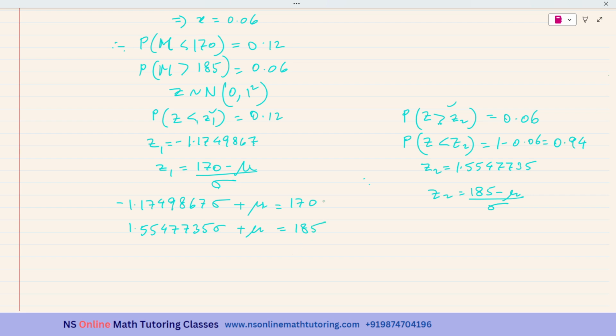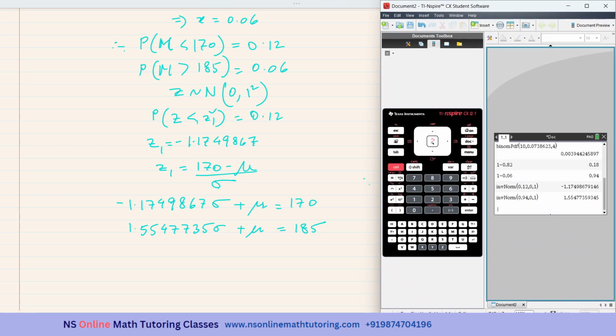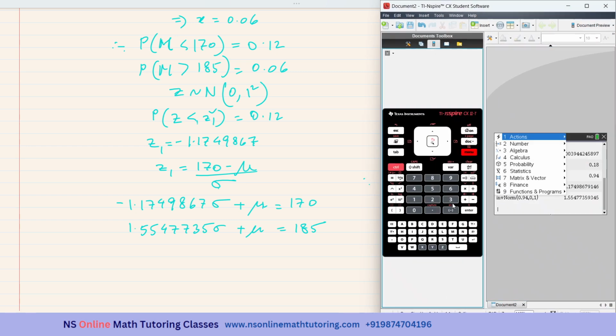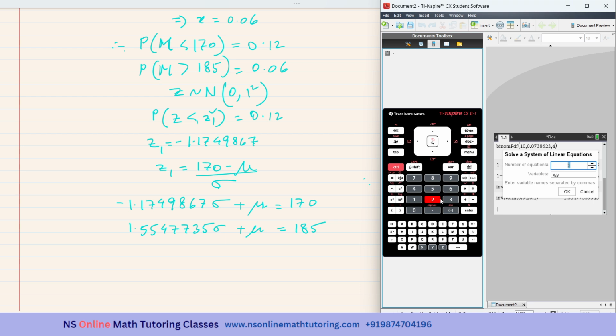Okay. So these are two equations with the unknowns mu and sigma. We will be using the simultaneous equations method with our calculator. Just for clarity, I'm taking sigma as x and mu as y. And we have to find the value of mu, not sigma. The calculator will give us both values, but we have to read the y value. So menu, number 3, algebra, then number 2, solve system of linear equations, and the number of equations is 2.